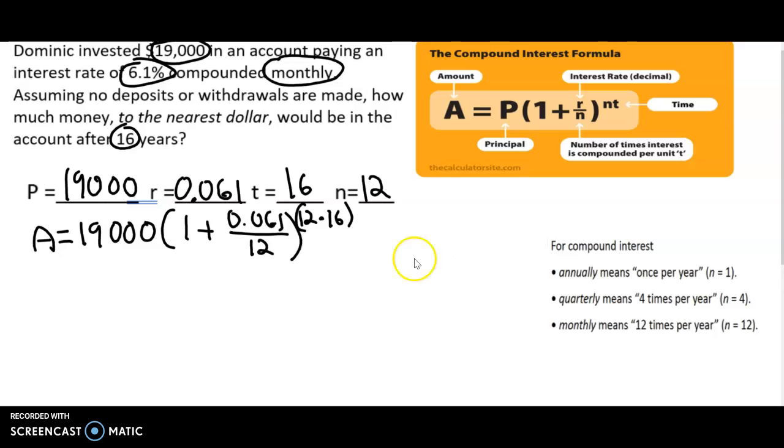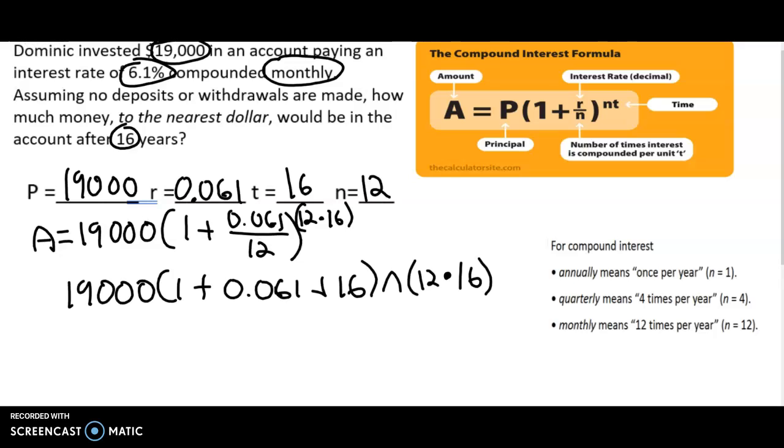Now next we're going to go ahead and type that into the calculator. 19,000 times 1 plus 0.061 divided by 12, close parentheses, raised to the 12 times 16. Make sure you put this part right here in parentheses.